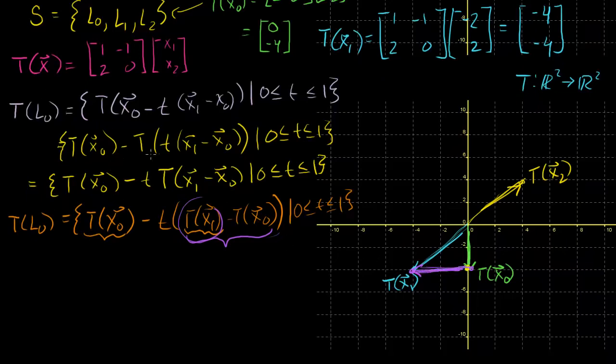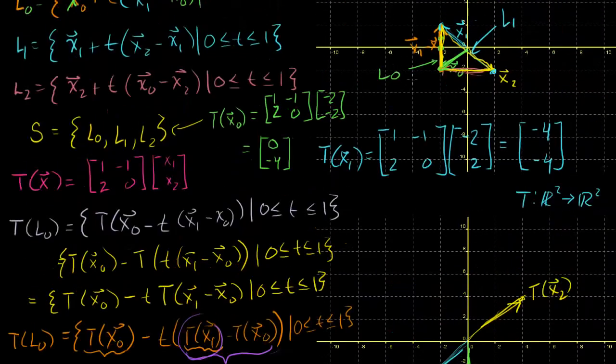We can do the exact same logic to say, what's going to be the transformation of L1? Well, L1 was between the points x1 and x2. That was L1. So using the same logic, we can do the math all over again, but it applies to any line. I did it all abstractly here.